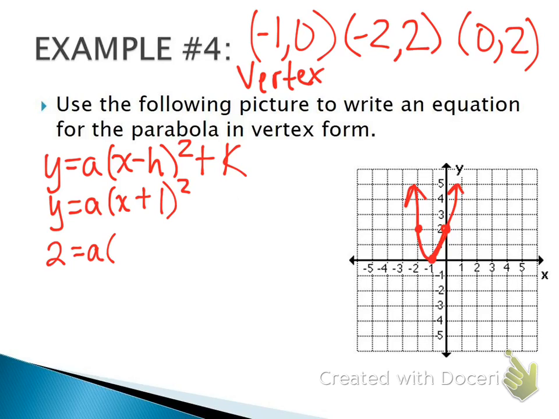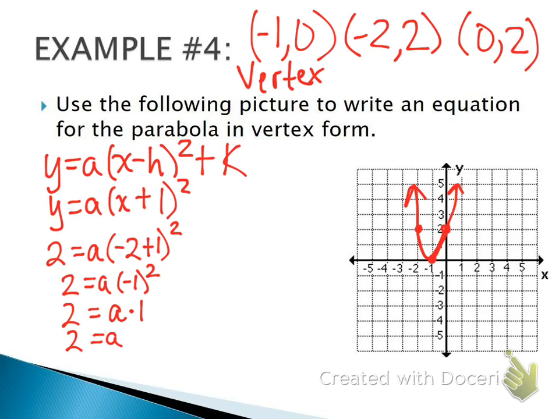What's going in for x? -2 plus 1 squared. What is -2 plus 1? -1. Remember, only what was in parentheses gets squared. So what is -1 squared? 1. What's a times 1? Just a. So a comes out to equal 2.